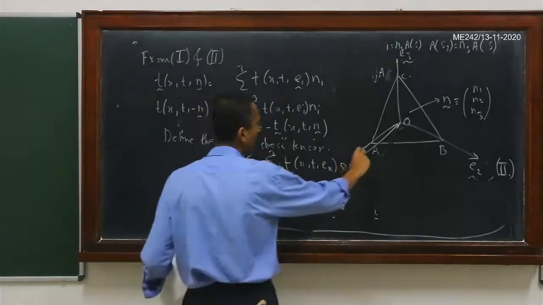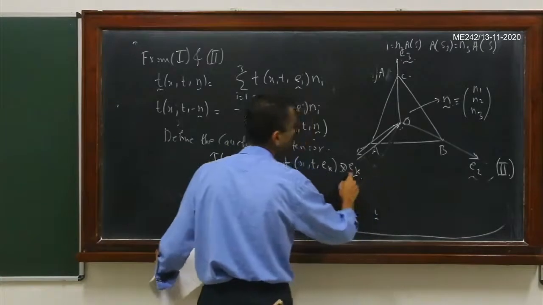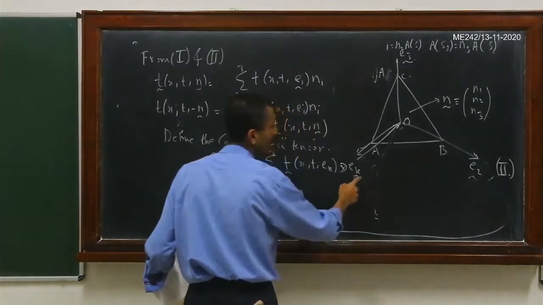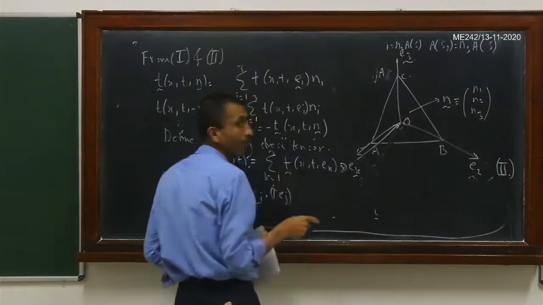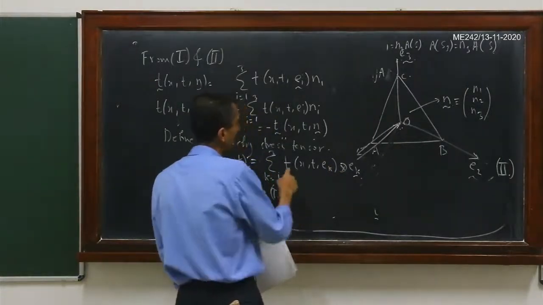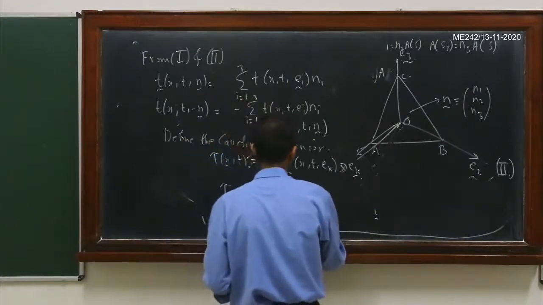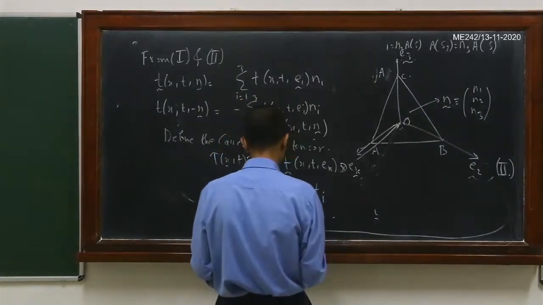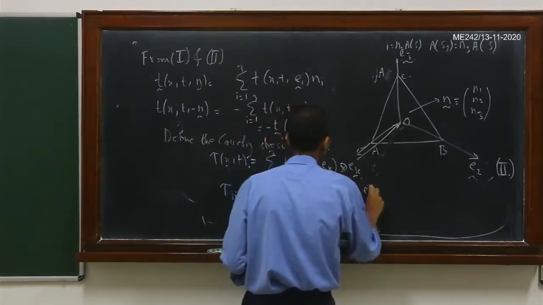So if you multiply this by e_j, then you will get e_k dot e_j, which will be delta_kj, correct, and then e_i dot t will give me t_i, that is the ith component of the traction. So what I will get here is tau_ij equal to t_i of x, t, e_j.